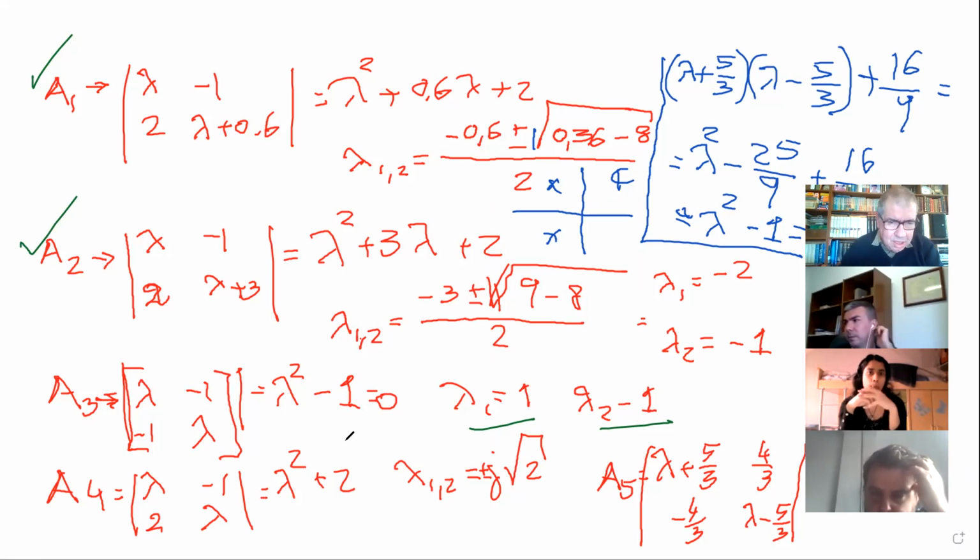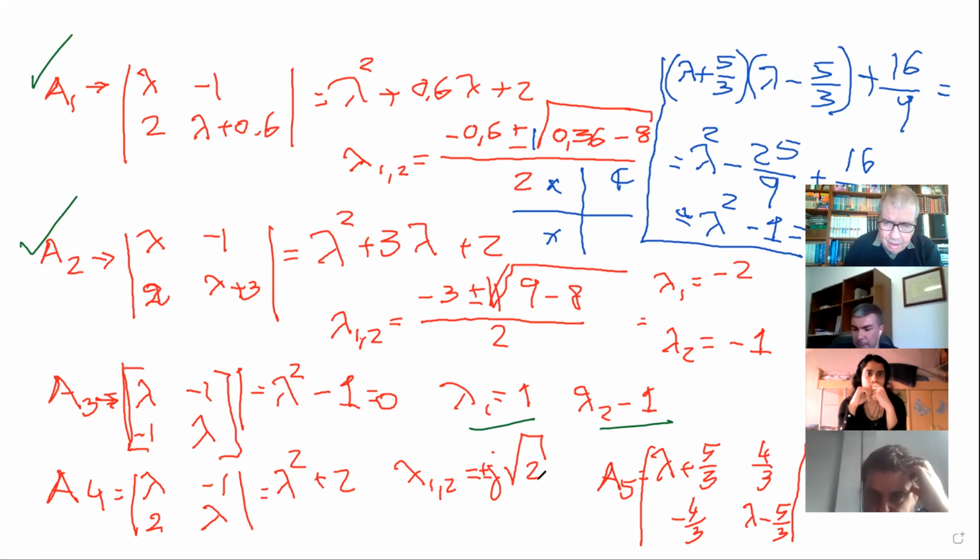Now, what about A4? A4 is plus or minus j square root of 2. So this corresponds to what? To E, the one in which it was turning around.